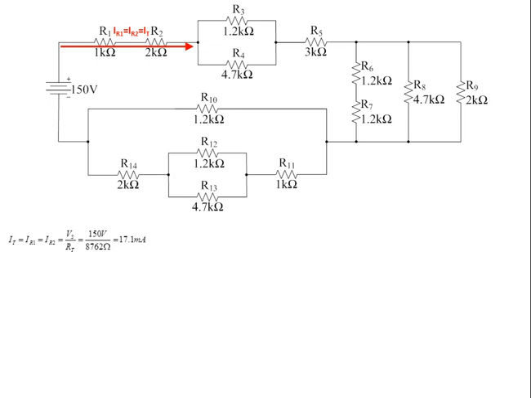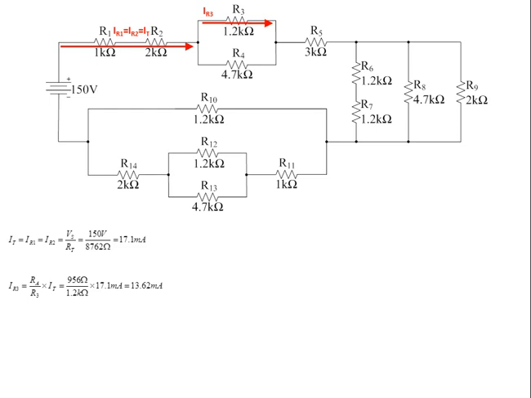This current is then going to flow into a node and split up into two branches, with some of the current flowing through R3 and some of the current flowing through R4. So we'll calculate these two currents next. Using the current divider formula, we know that the total resistance of this parallel section of the circuit, which we calculated earlier to be RA, is equal to 956 ohms.